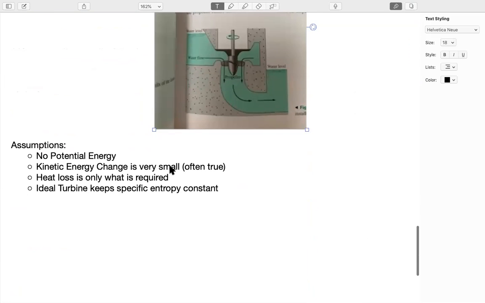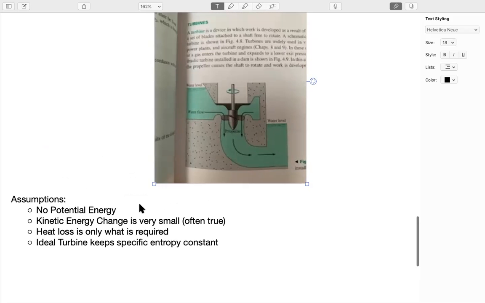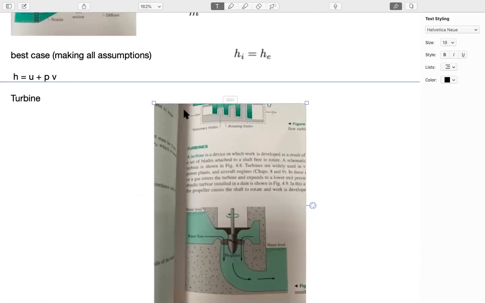And that's very often going to be true. So a lot of times you'll just drop the kinetic energy change. Similarly, you'll want to minimize heat losses as best you can, and a lot of times you will assume it's minimal.